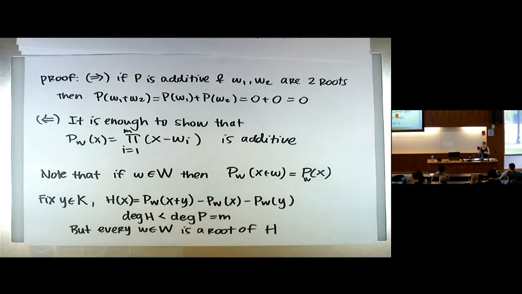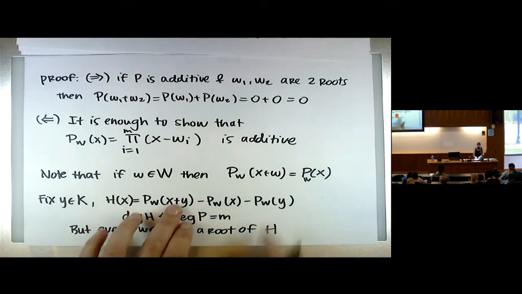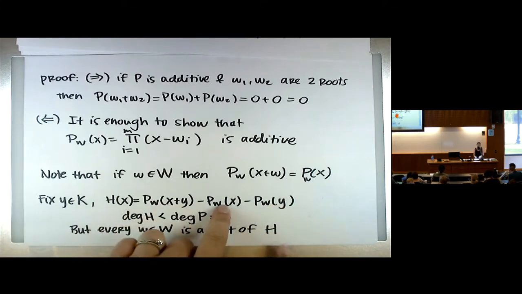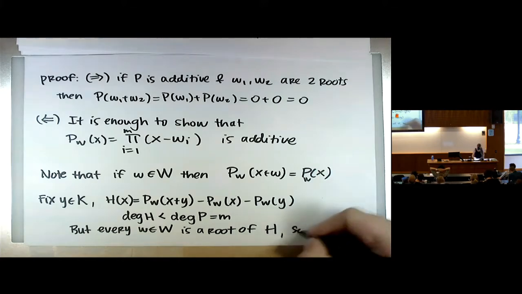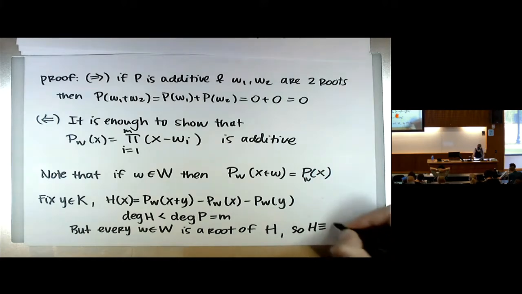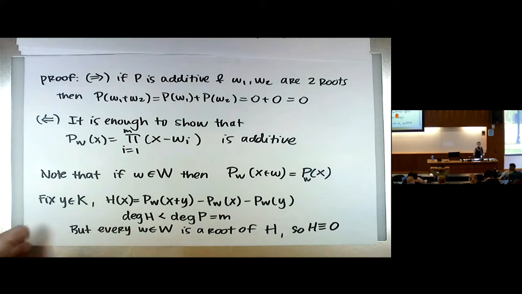Okay. I would switch page to work it out, but I don't think that would be more clear, right? But the point is that this one is going to be equal to that one, and that's going to be 0 when you plug in W. So I have H of degree less than M that has M roots, or I've just exhibited M times where it was 0, so it has to be identically 0 as a polynomial in X.